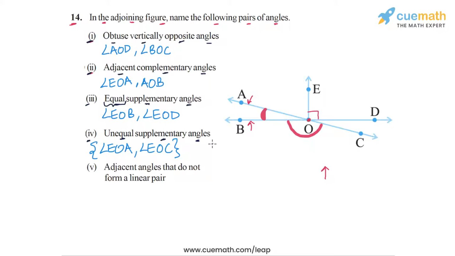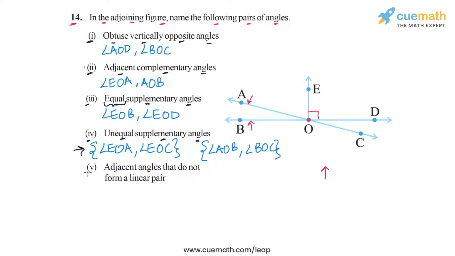So another possible answer to this part could have been angle AOB and angle BOC. Similarly, there are some other pairs of unequal supplementary angles in this figure, and I will leave it to you as an exercise to find those. But let me reiterate that in NCERT, only this answer is given, angle EOA and angle EOC, but in the figure there are actually more answers that are possible.